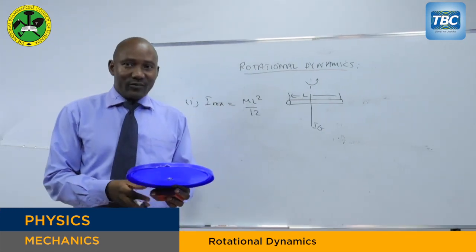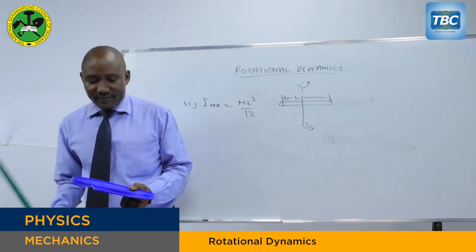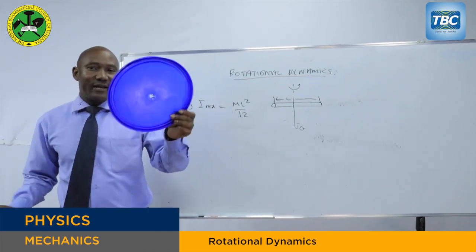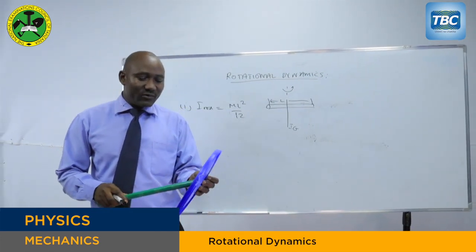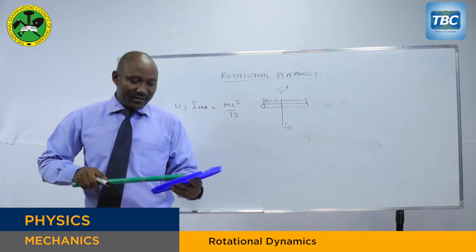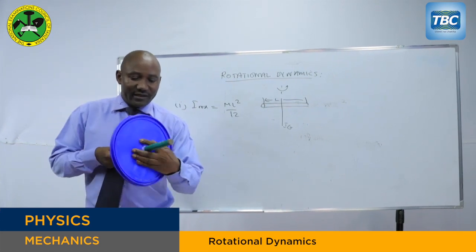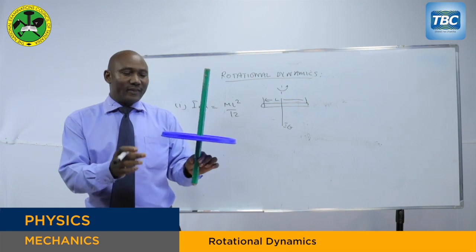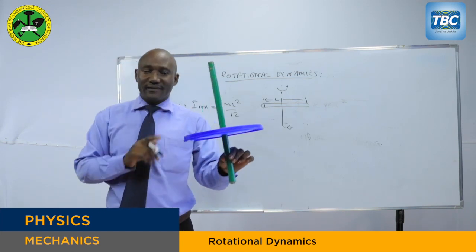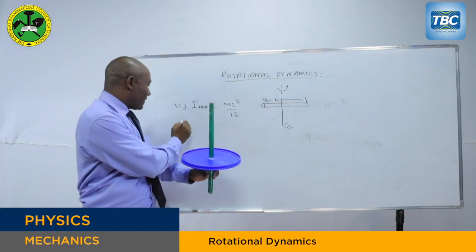Second, we have another rigid body, which is called a circular disk. A circular disk, as you can see, when it rotates, it must have the axis. This axis is passing through the center. So you know the formula. I know you did this.